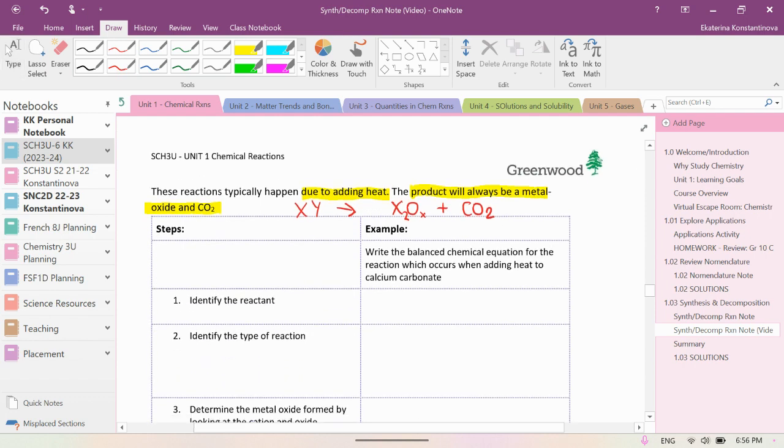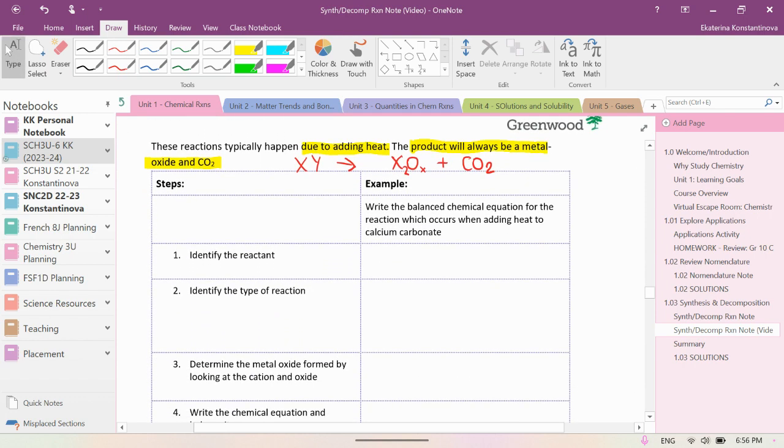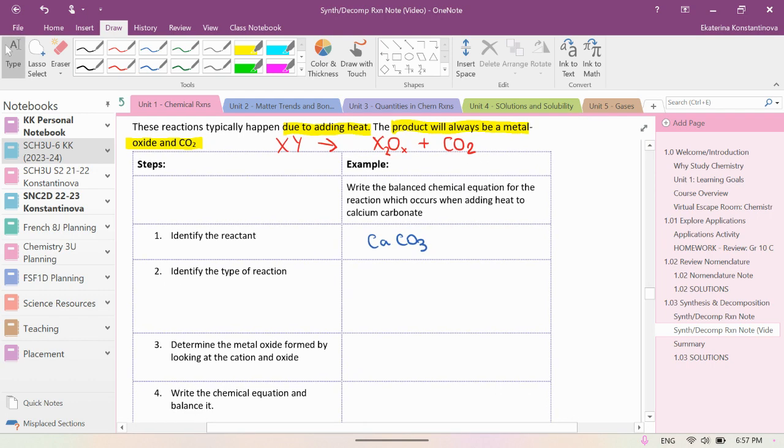So let's write out the balanced chemical equation example of calcium carbonate. Our reactant is calcium carbonate. Calcium has a charge of 2 plus, carbonate has a charge of 2 minus. When I crisscross and drop and then also simplify, I get CaCO3. Let's identify the type of reaction.